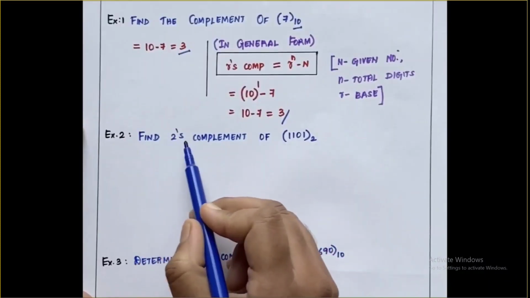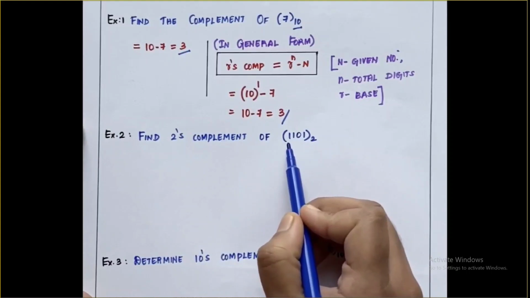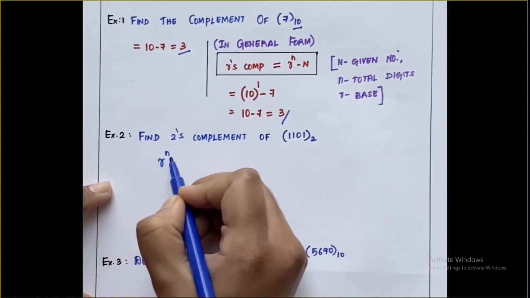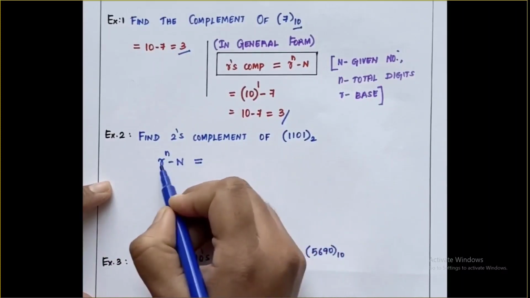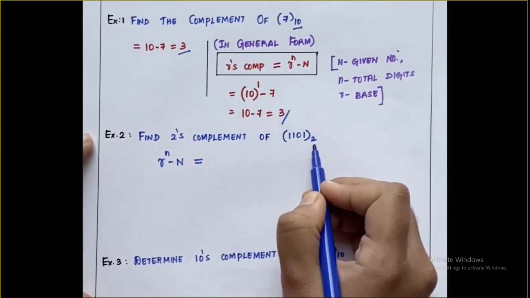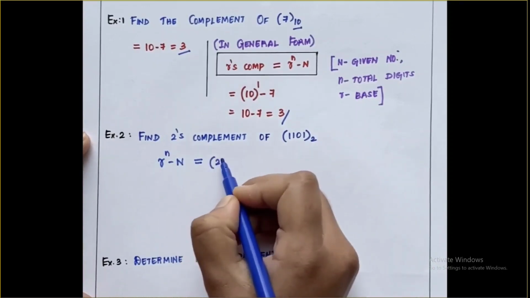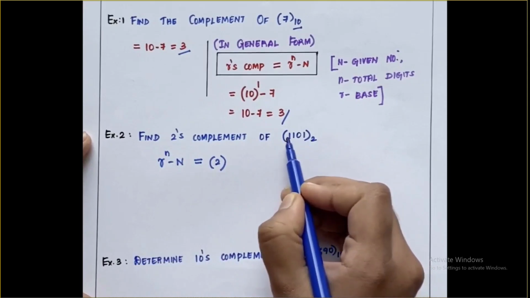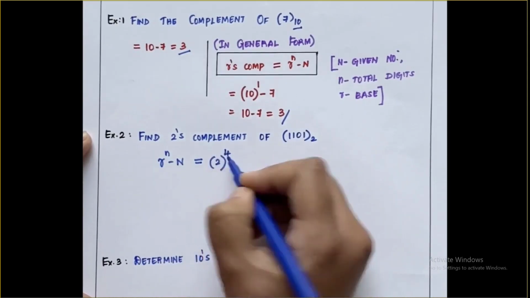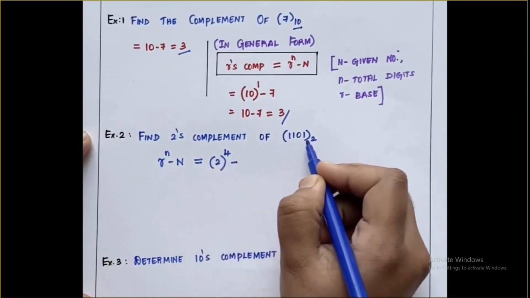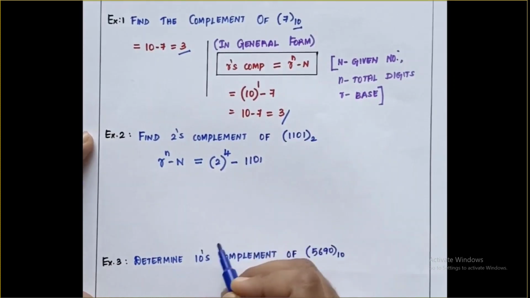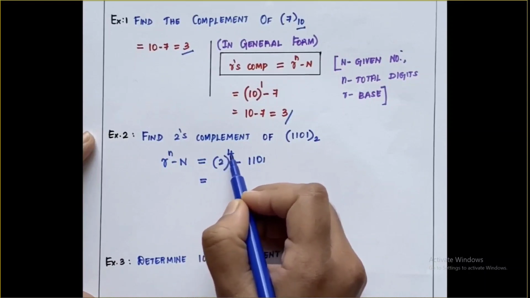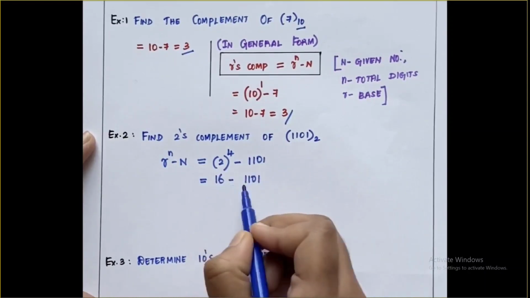Find the 2's complement of given binary number 1101 to the base 2. To solve this, we can use the same formula, R power n minus N. R is base 2, so 2 power small n, which is the total number of digits; we have 4 bits, so 2 power 4, minus capital N, the given number, which is 1101. So 2 power 4 will be 16 minus 1101.